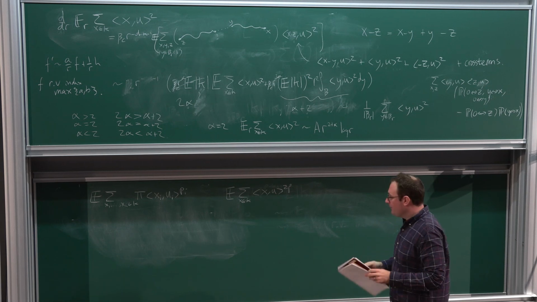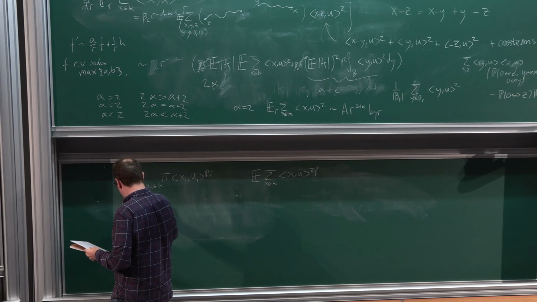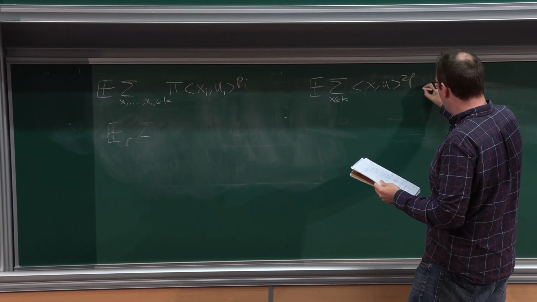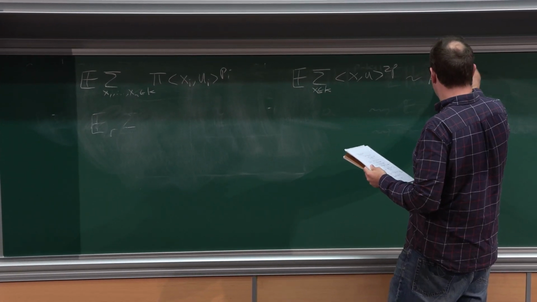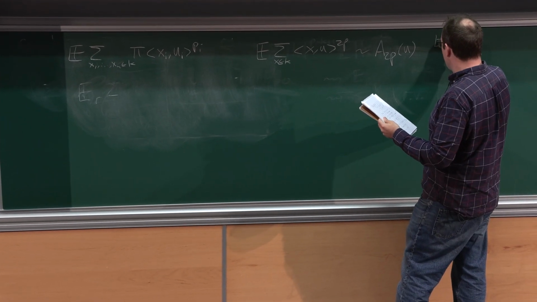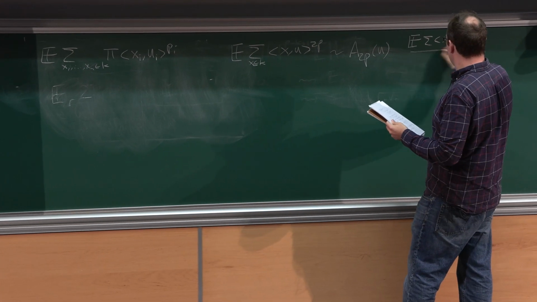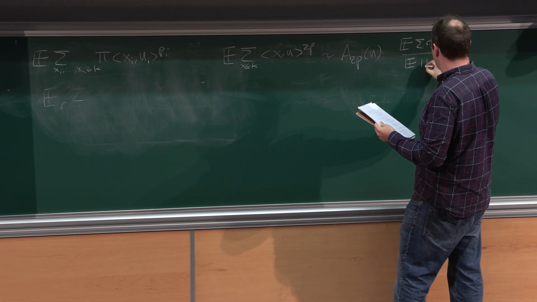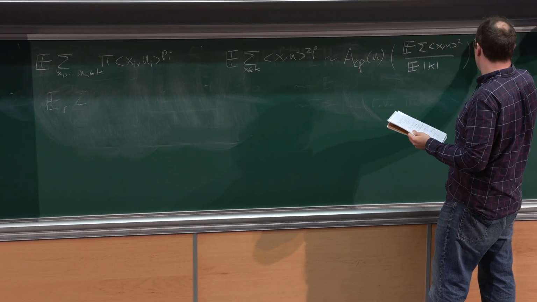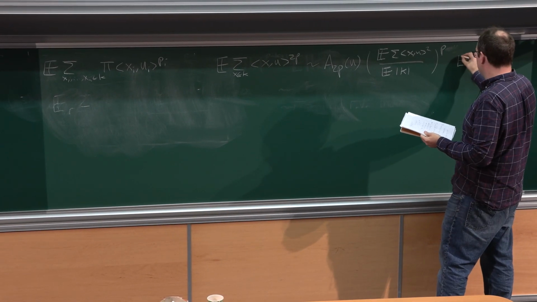Okay, so what you'll get, I guess I already wrote this here, so let me just use it again. You'll get some sequence of coefficients that depend on this vector u times a very similar expression, the ratio of this quantity to this one to the power p, times the first moment.